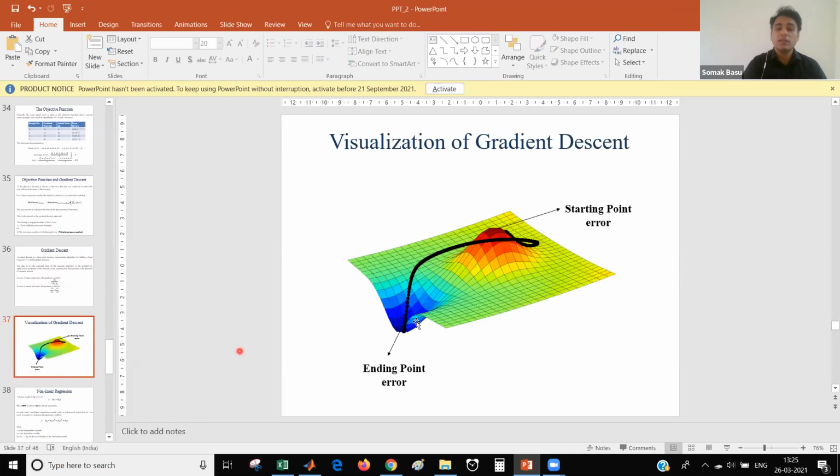So this is a graphical representation of gradient descent. Let us say you are standing on the top of a hill and the error is very high. As you keep training the machine learning model, the error keeps decreasing, and you reach a point where the error is minimum. So what is your aim?